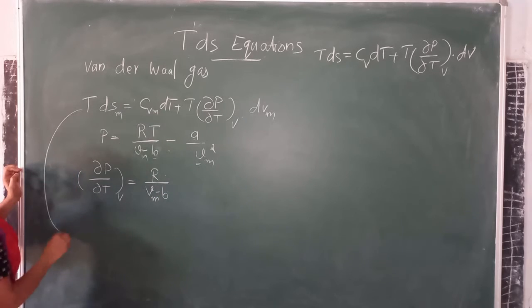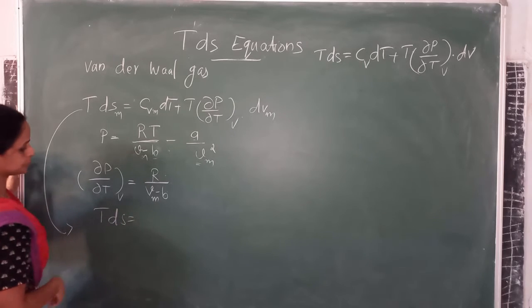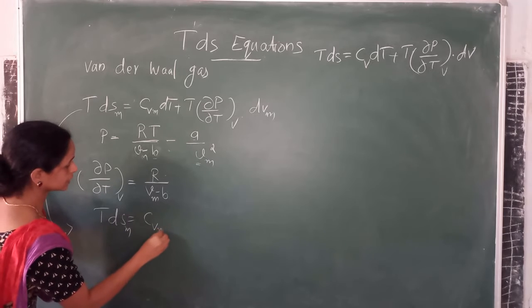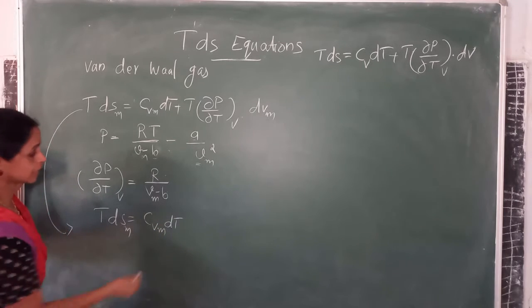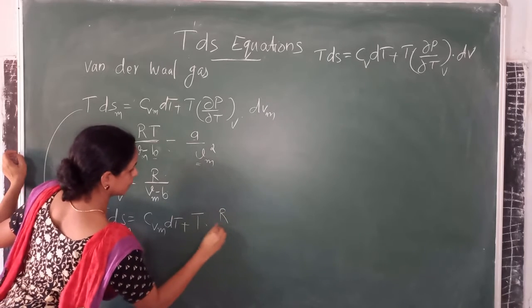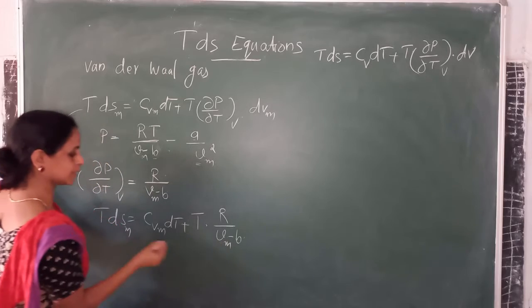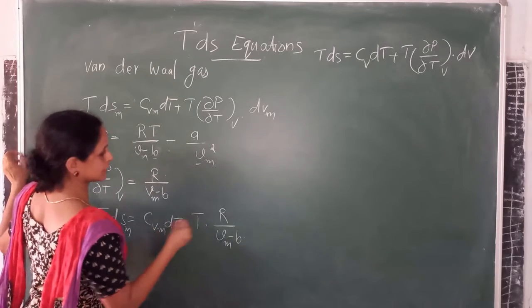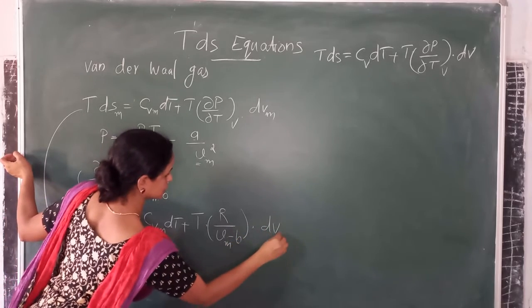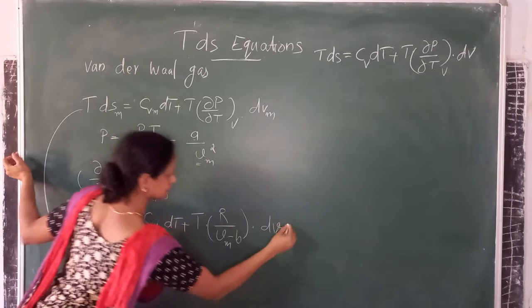So from this equation we can write T dS equal to the same thing with dV.